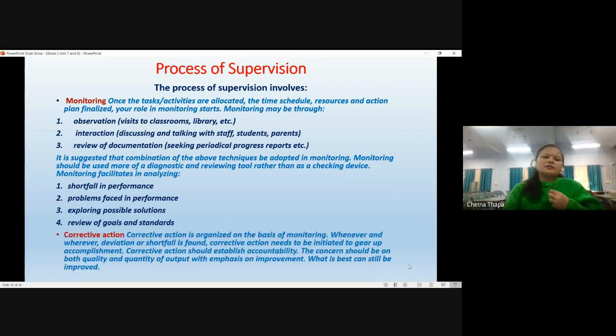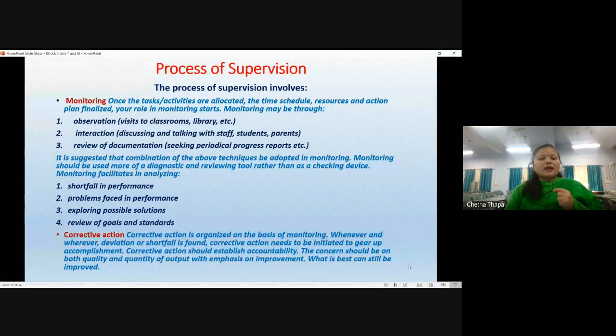Then after monitoring, you can go for corrective action also. Corrective action is only organized on the basis of monitoring. Whenever and wherever there is a deviation or a shortfall in performances, or some problems faced in performances, certain corrective action needs to be initiated in the gear up accomplishment.